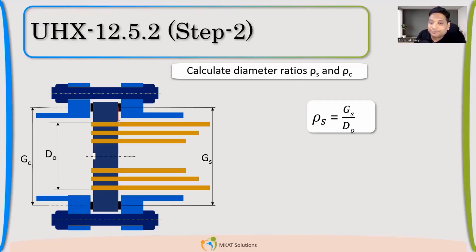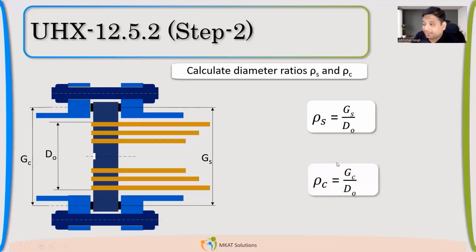This is actually the unperforated area. So rho S, shell side unperforated area, means basically the dimensions. But if we see from the side, basically it will become an area. So here it is only the dimension, so a unitless dimension, we can say. Okay, great.